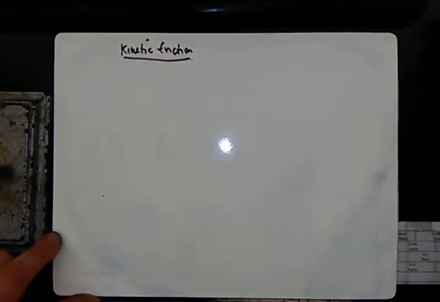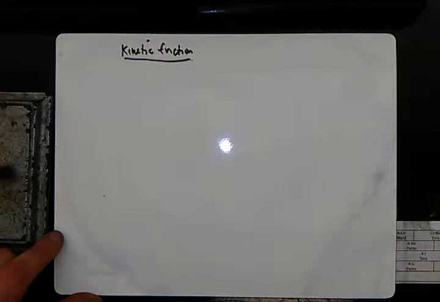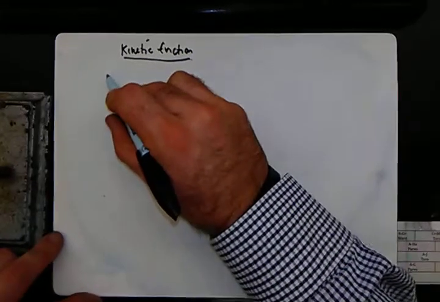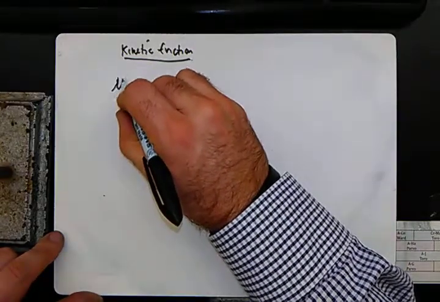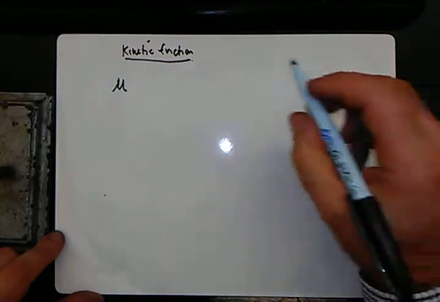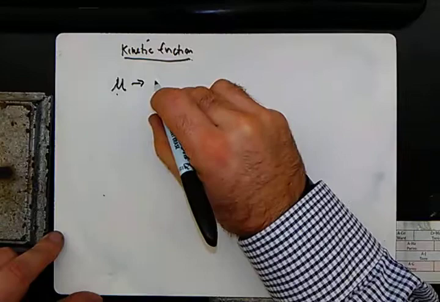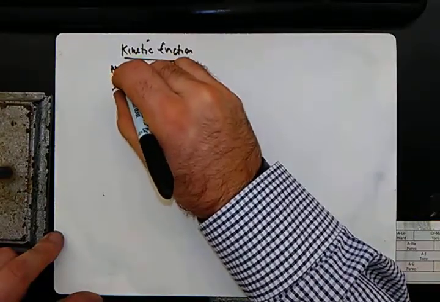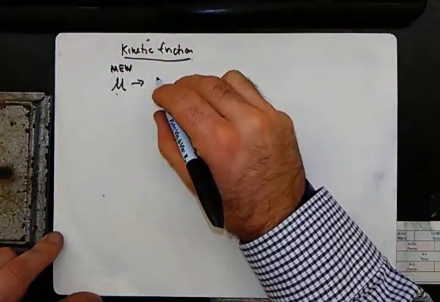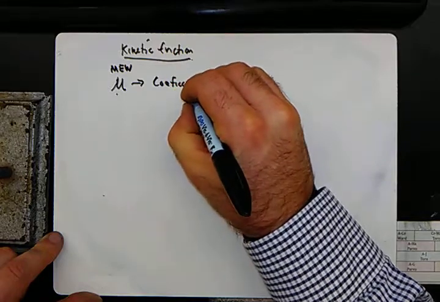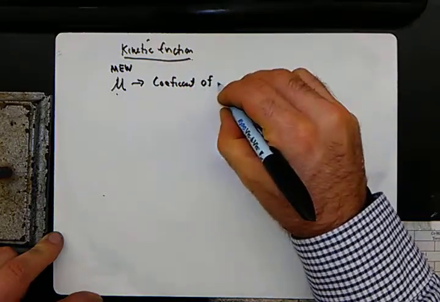When we talk about kinetic friction, we talk about something called the coefficient of friction, and that's represented by this symbol right here. We call it mu. This is called the coefficient of friction.